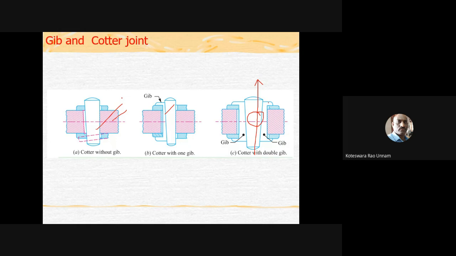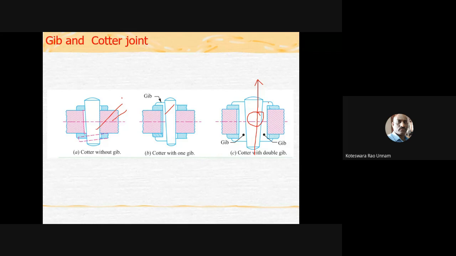So this is the purpose of providing the jib in the cotter joint. The main reason is to avoid the tilting. This plays the most vital role in jib and cotter joints where the rods are of square section. If the rod is of square cross section, then it is going to be important.